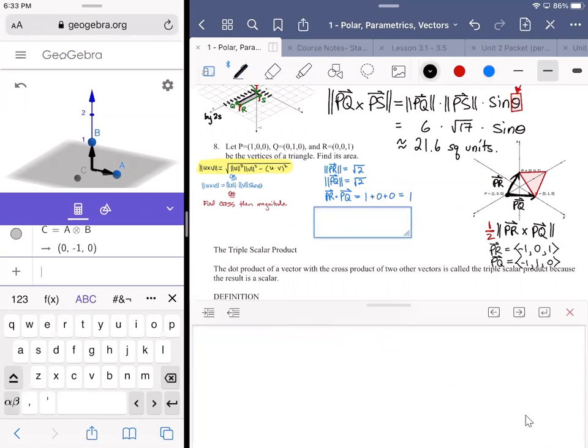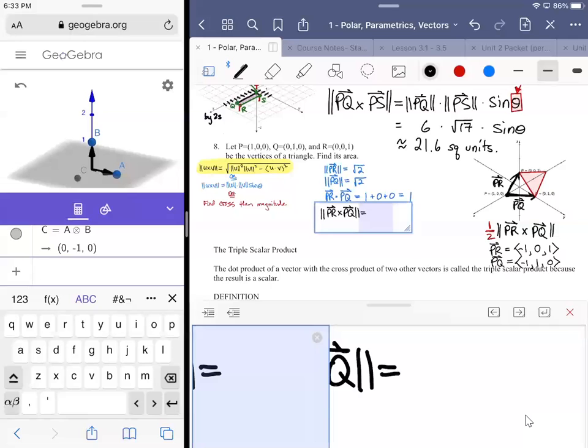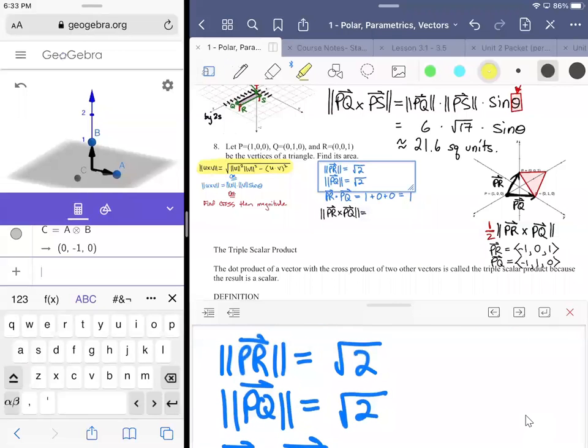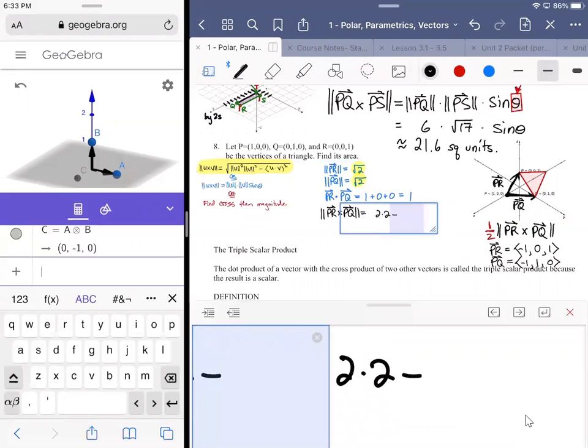So if I want to use my handy dandy newfound formula, which allows you to avoid the complications of the trig, I'm taking each of these values and squaring them. So 2 times 2 minus then my dot product squared, which is 1 squared or just 1.